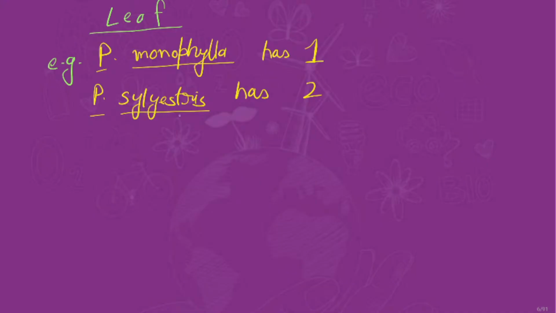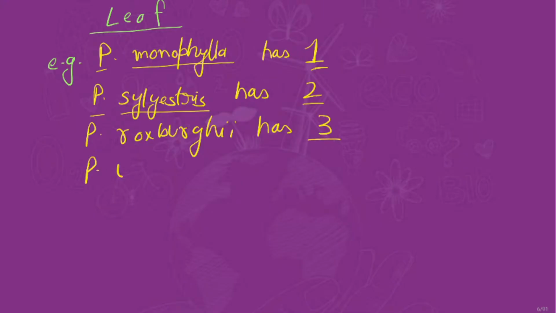Pinus silvestris has two leaves, two needles. Pinus roxburghii has three, and Pinus valiciana has five needles.